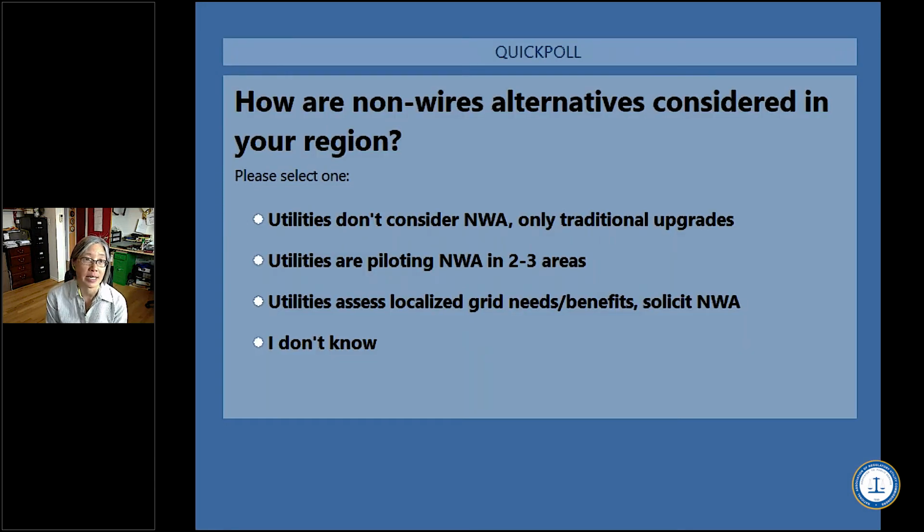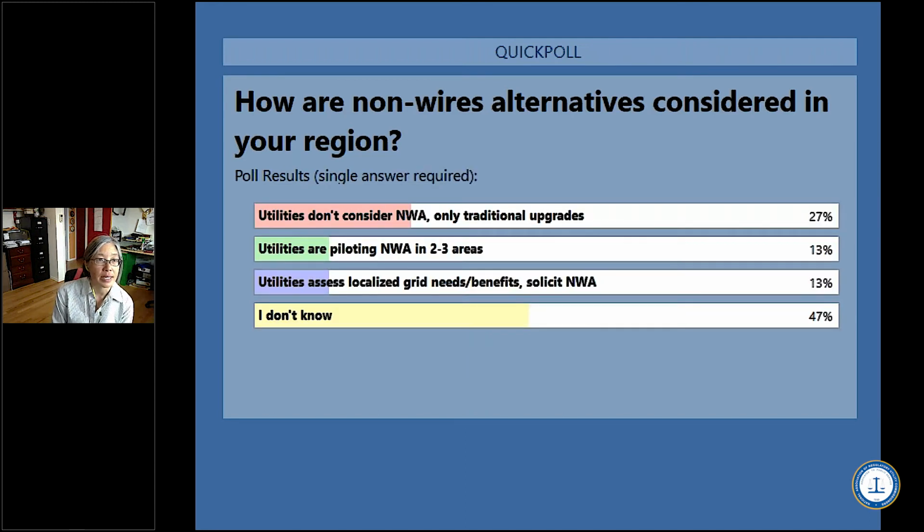So I wanted to get a sense of how non-wires alternatives are considered in your region. Okay, so it seems like the use of non-wires alternatives is somewhat limited. So this is a new area that folks are looking into.